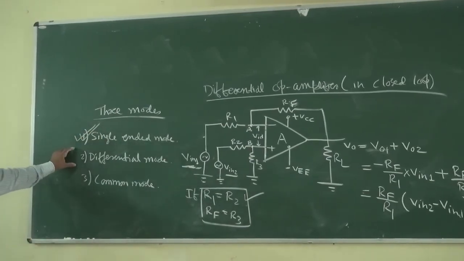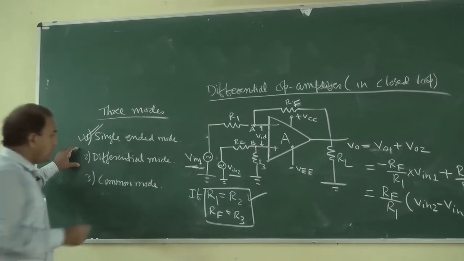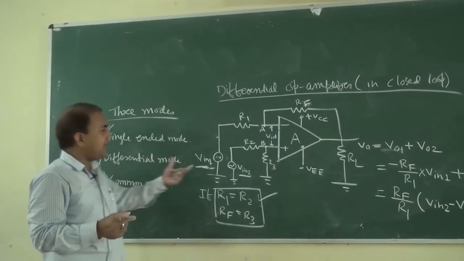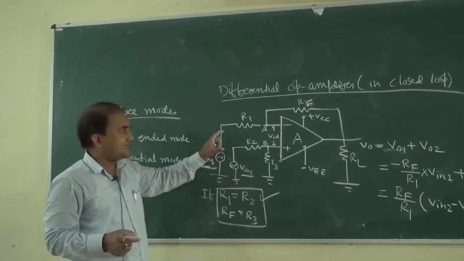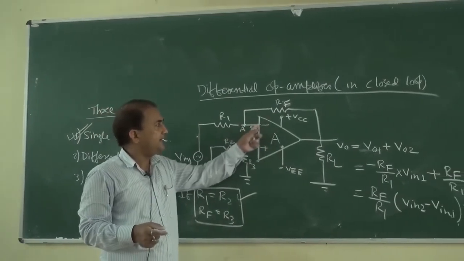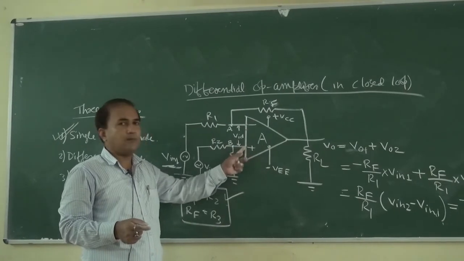In case of differential mode, we have to apply V in 1 and V in 2 to both the terminals, that is to inverting terminal and to non-inverting input terminal.